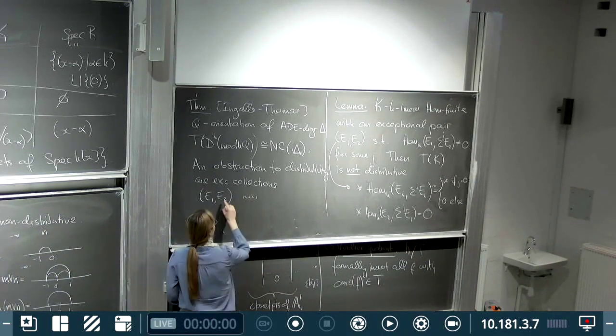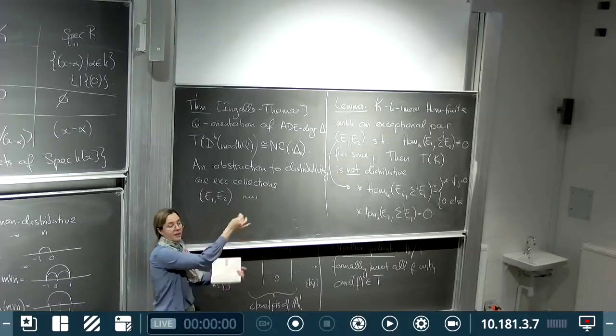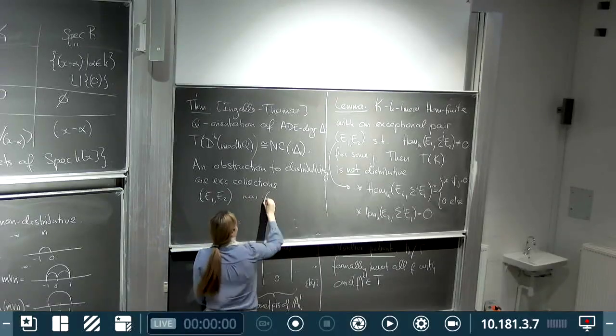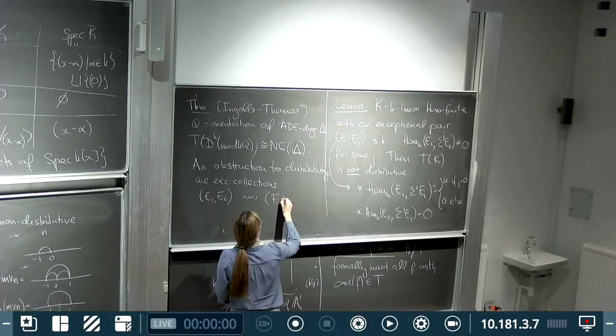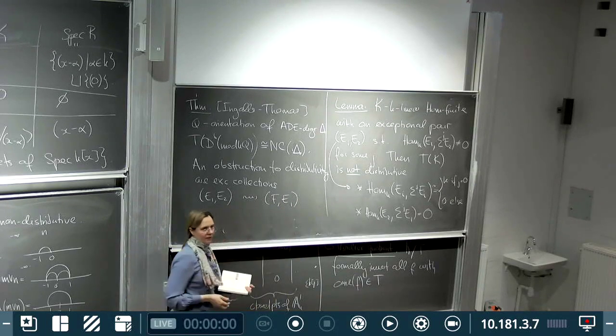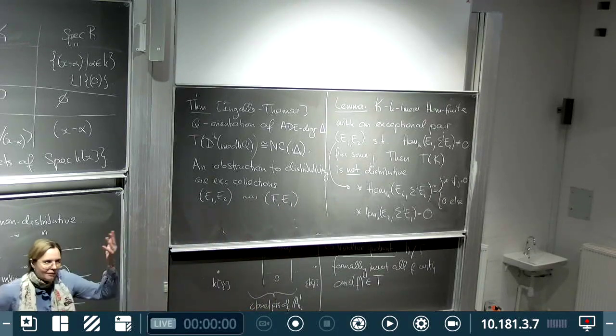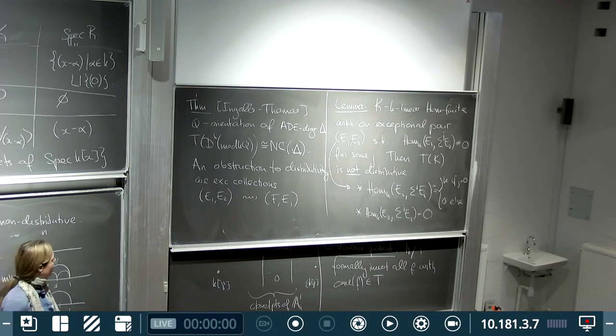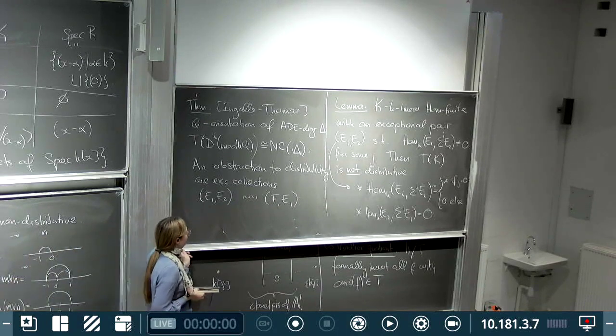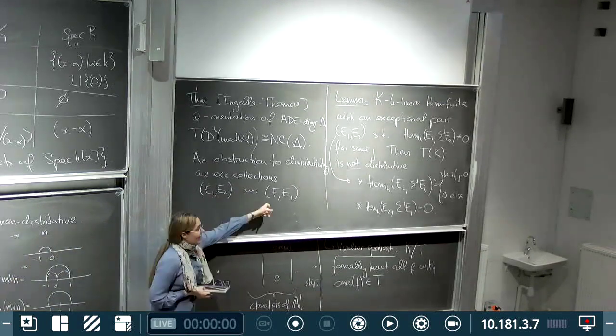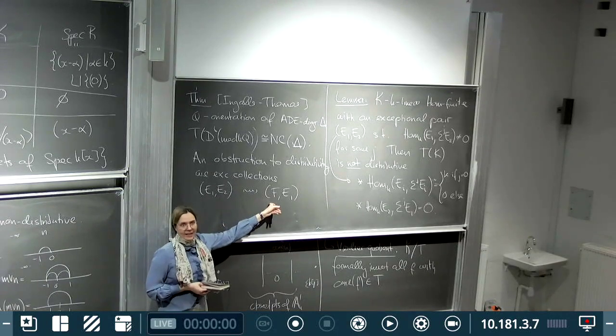But you can mutate E2 along E1 to get a new exceptional pair, F, E1. So you can find such an F naturally somehow.